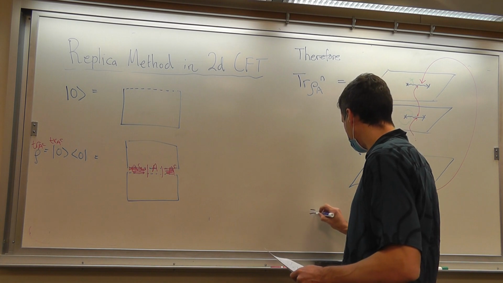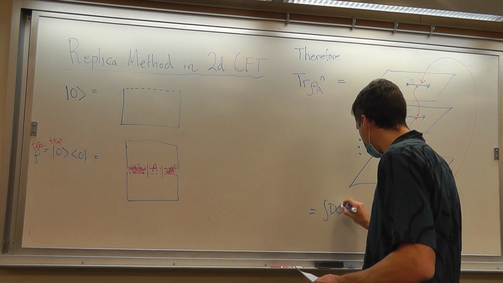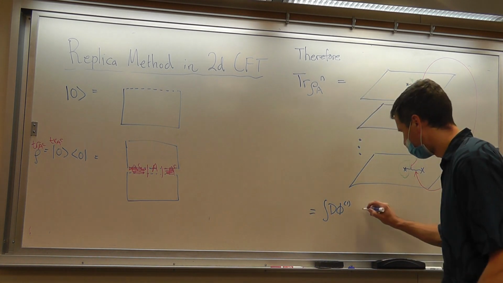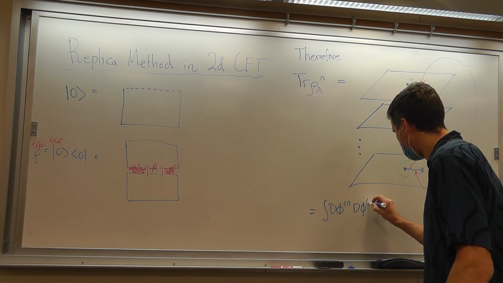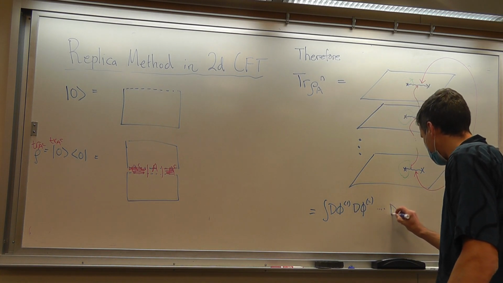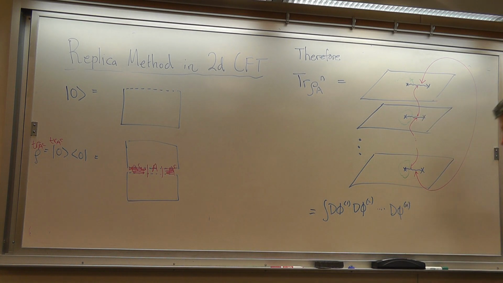So it's a path integral d phi 1, d phi 2, dot, dot, dot, d phi n. Those are all the quantum fields living on the n sheets.